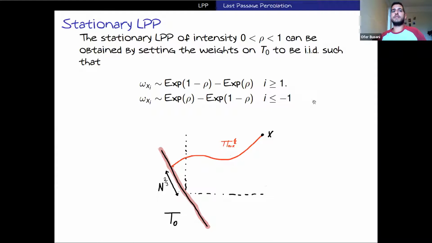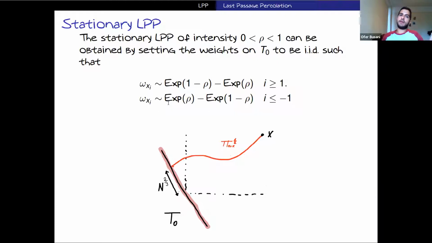For example, we can construct what is called the stationary last passage percolation. So for every rho between 0 and 1, we assign i.i.d. weights on T0, on the anti-diagonal, according to the formulas here.